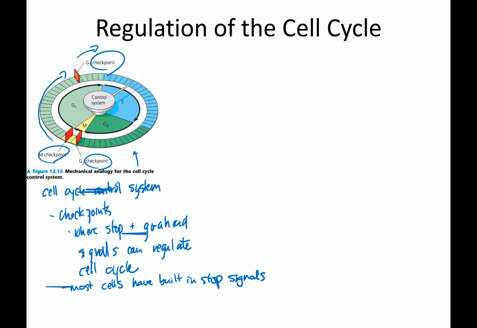Much like a car, right? In order for you to move a car, you need to step on the gas. If you let everything go, don't touch any pedals, the car will naturally slow down to a crawl. So you want the default pathway to be a stop and only proceed when you want it to.